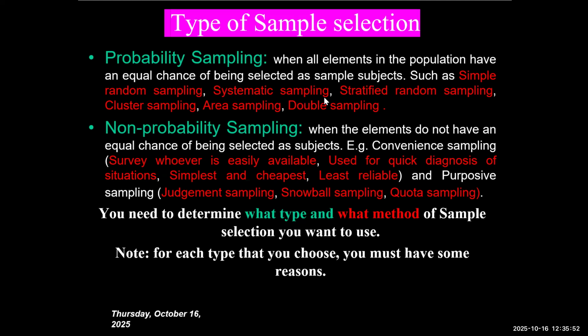Systematic sampling is the one where I say one, two, three, I pick, one, two, three, I pick, one, two, three. That's systematic. Then we have stratified random sampling. Stratified means now we are dividing them into certain groups. So for the university students, let's stratify them into three, each one of them we call a stratum, and if it's plural, we call them strata.